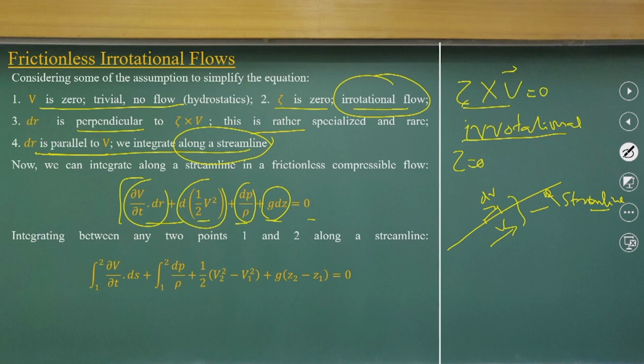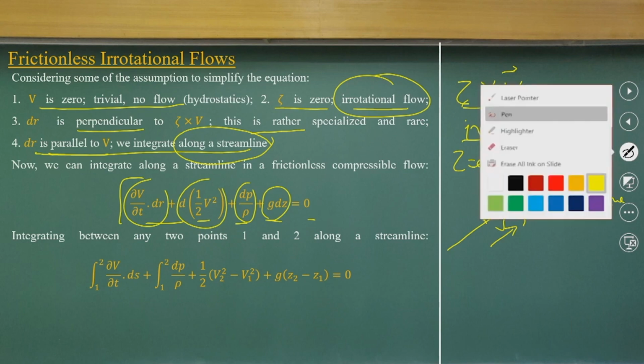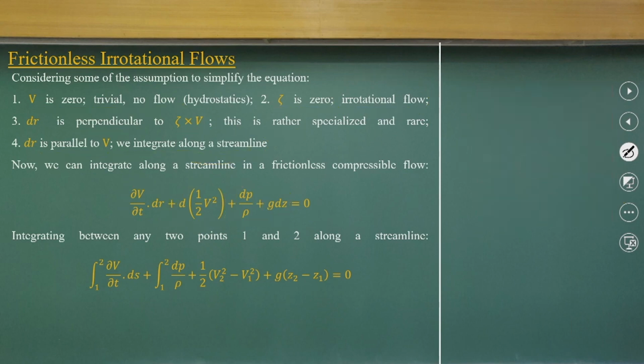So, along the streamline, if I consider a streamline having points 1 and 2, this is the streamline S1. If I consider this, it still has unsteady components. Integrating between points 1 and 2 along the streamline, with v1 squared and v2 squared, just do the integrations and you will get this part.